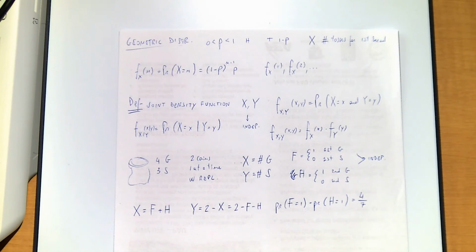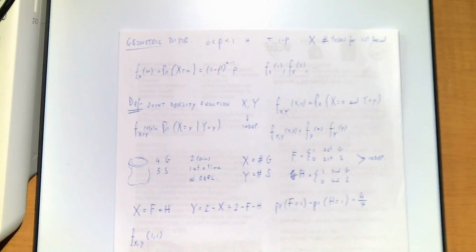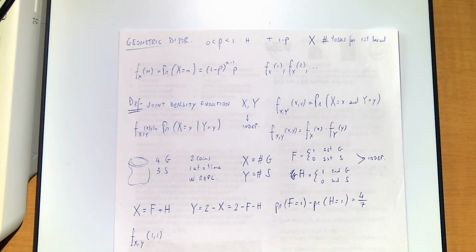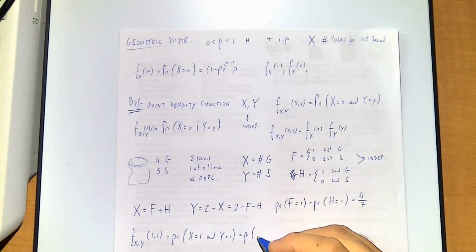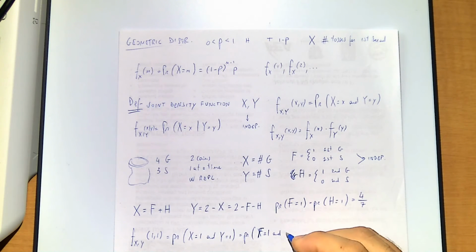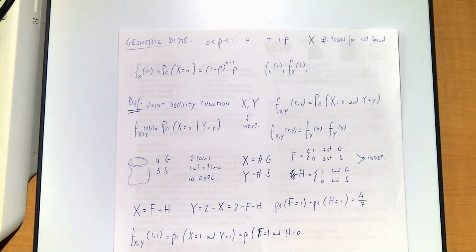So now what's the function fxy calculated at x equal 1, y equal 1, for example? This is the probability that I get exactly 1 gold coin and 1 silver coin. So that is the same as the probability that f is equal to 1 and h is equal to 0, plus the probability of f equal to 0 and h equal to 1.